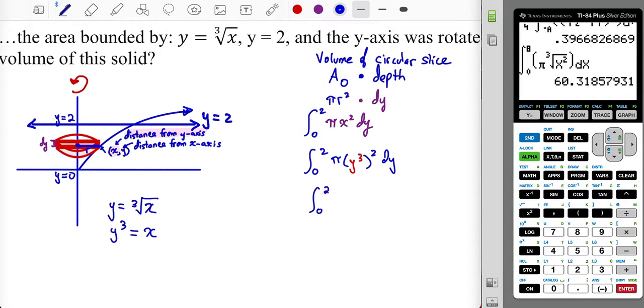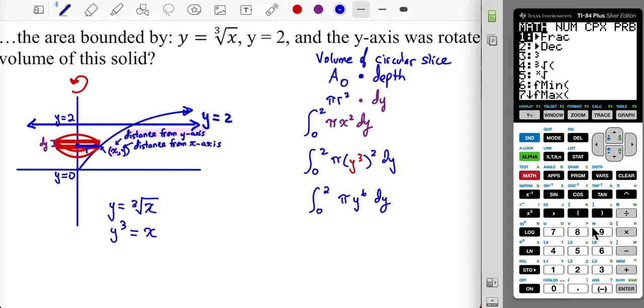So from 0 to 2, pi y to the 6th dy. I mean, this is reverse of the power rule. You can do it by hand. You can put it in the calculator. Either way. And some people like to do it both ways just to have that extra layer of security.